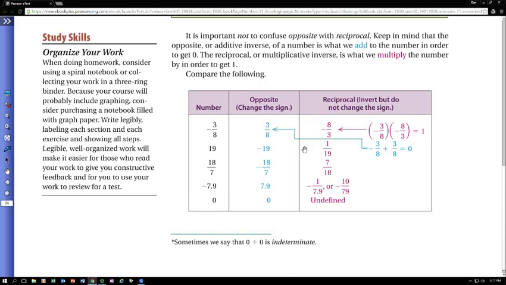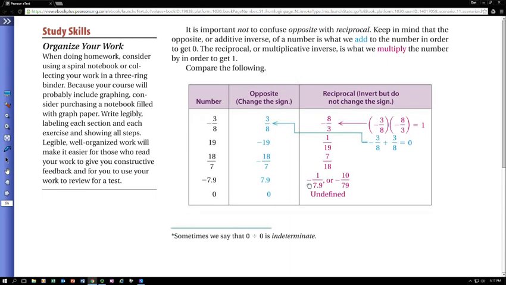Tie your homework into definitions so you remember the actual algebraic definitions, the language of algebra, and then apply that in the many different ways that you can, and you're going to be a lot more successful.